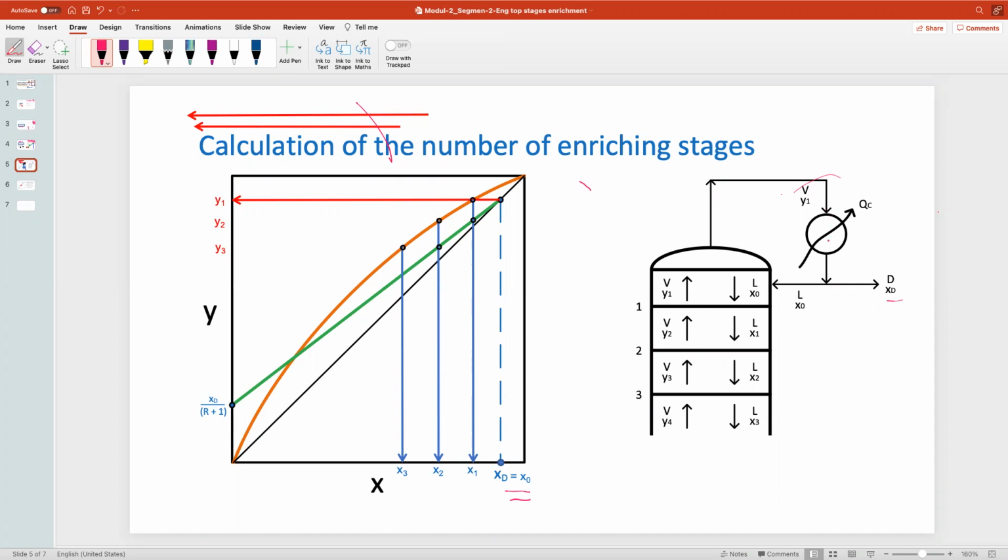When we cool the vapor, so we know the XD, this one there. So what is the composition of Y1? What is the composition of Y1?